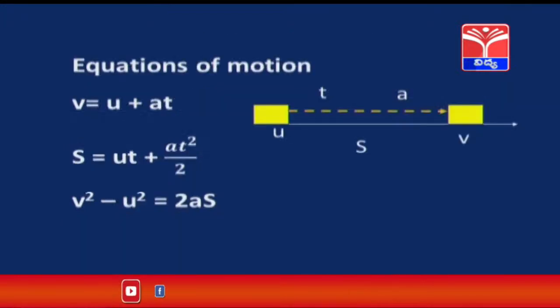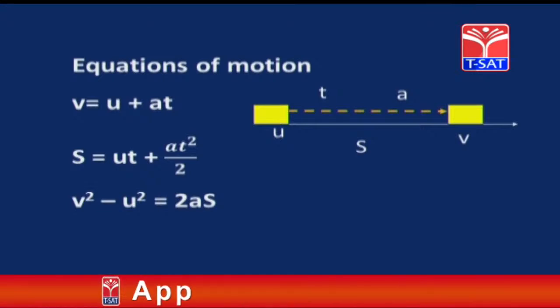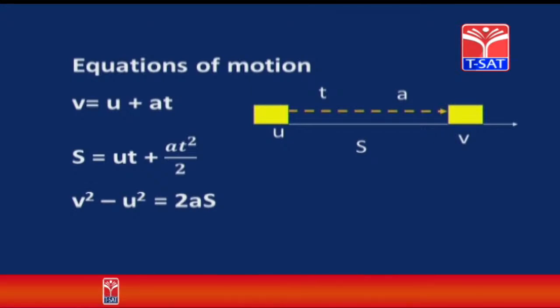We have seen that when an object moves from one point to another starting with a velocity u, moving with an acceleration a, covering a distance s in the time t and reaches a final velocity v, at that time these three equations hold good. v = u + at, s = ut + ½at², v² − u² = 2as.